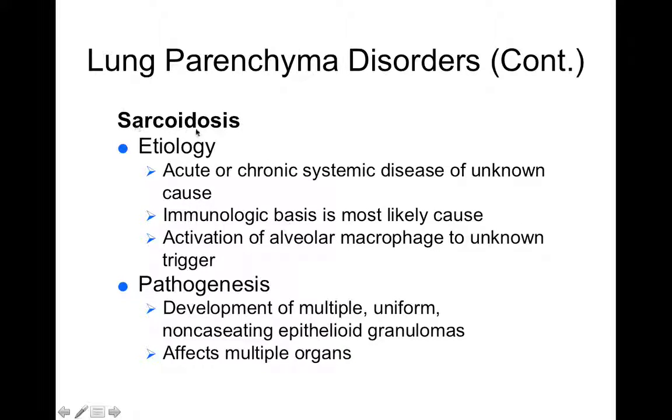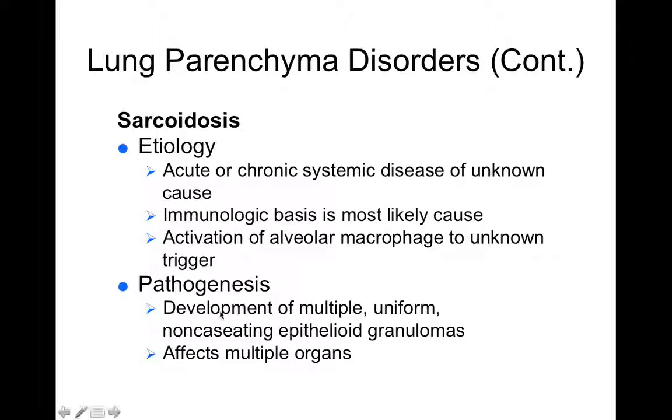Now, what we'll talk about here is sarcoidosis. This is actually what Bernie Mac passed away from. He was only in his 50s when he passed away from sarcoid. It's an acute or chronic systemic disease of unknown cause. What's odd is that it not only attacks the skin, but also the lung tissue. We end up with these little tiny granulomas that occur all over, and when they accumulate in the lungs, they restrict lung movement.